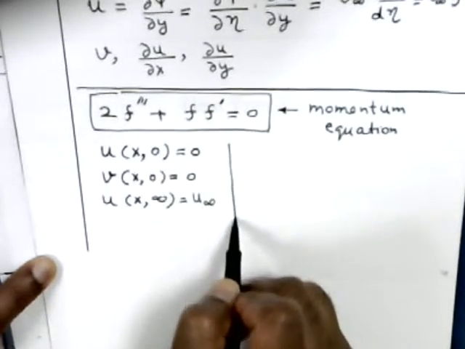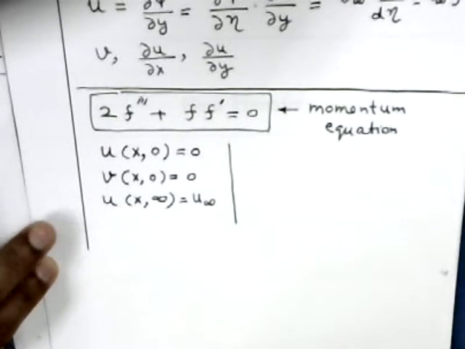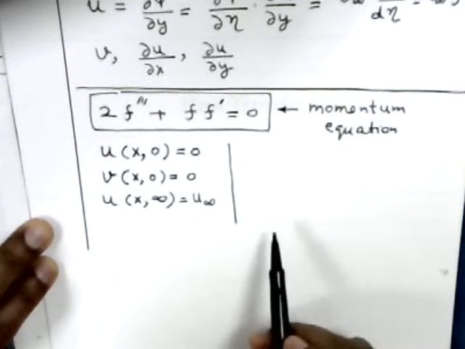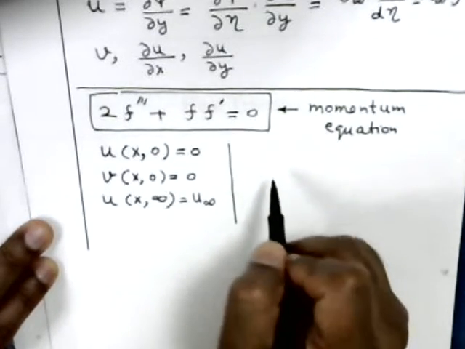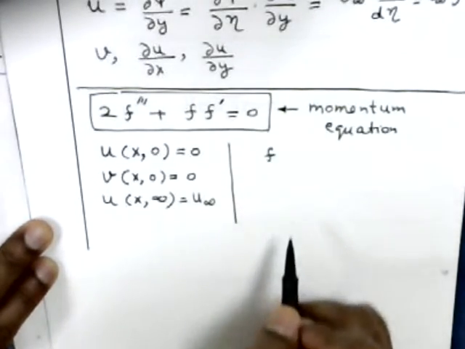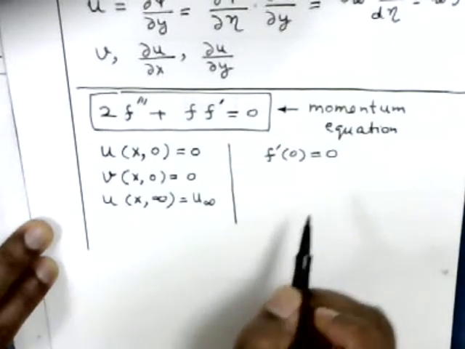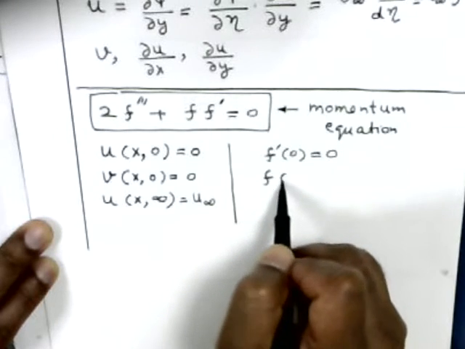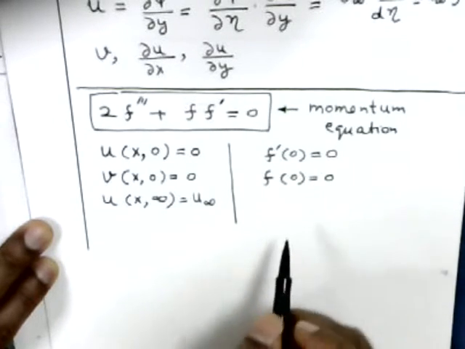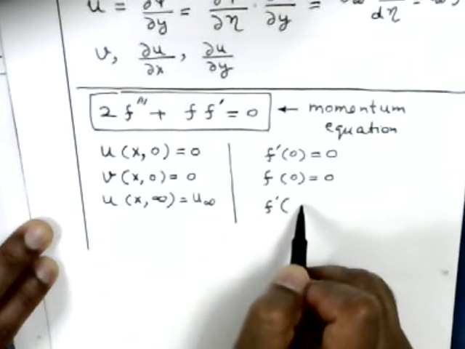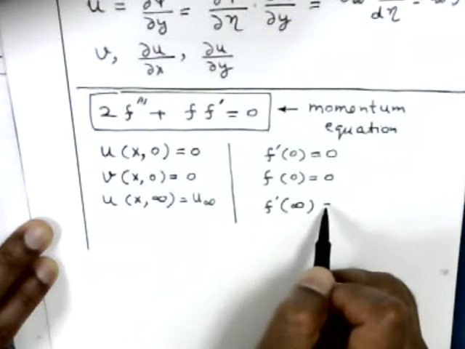So those are the 3 boundary conditions in terms of u and v, and we can write these boundary conditions in terms of f. I'm skipping the details here, but you get f prime 0 is 0, f 0 is 0, and f prime as eta approaches infinity is 1.